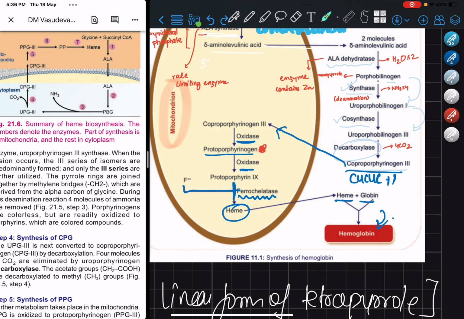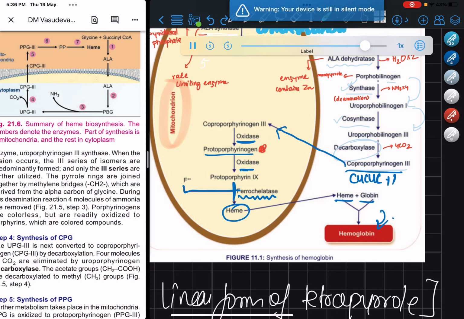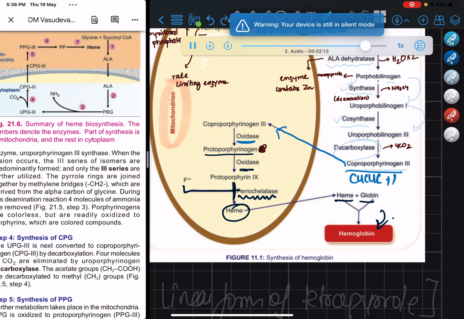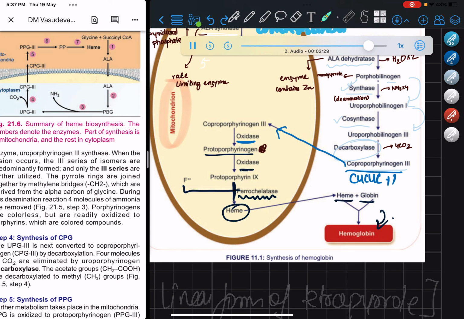All 3 are cyclic, but CpG3 has the methyl groups. Now the CpG3 comes back to the mitochondria, and we see what happens next. It forms protoporphyrinogen 9 in the presence of CpG oxidase, or coproporphyrinogen oxidase. Then from protoporphyrinogen 9 you get protoporphyrin, the more activated form of it.